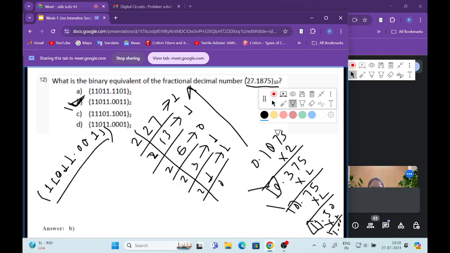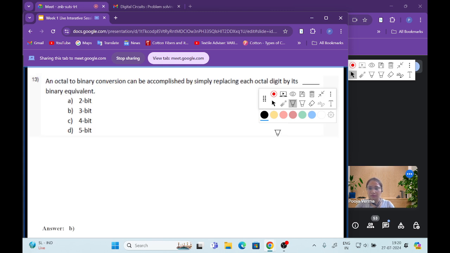Okay. So I hope all of you got this question. Moving to the next question. The next question is on octal to binary conversion. Octal to binary conversion can be accomplished by simply replacing each octal digit by its binary equivalent.